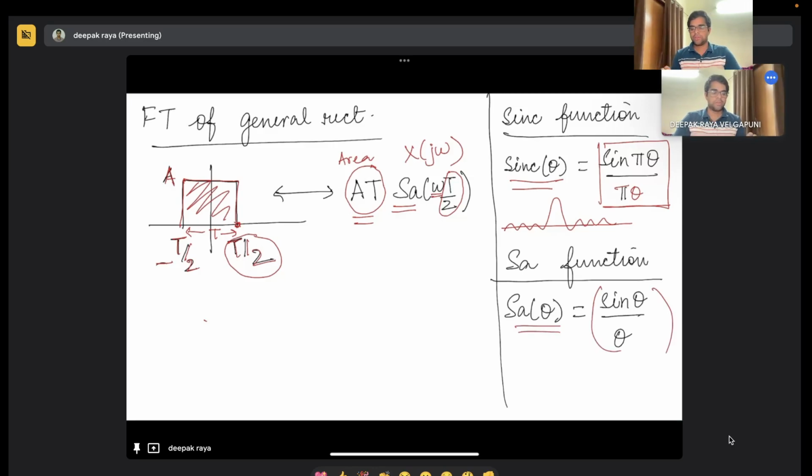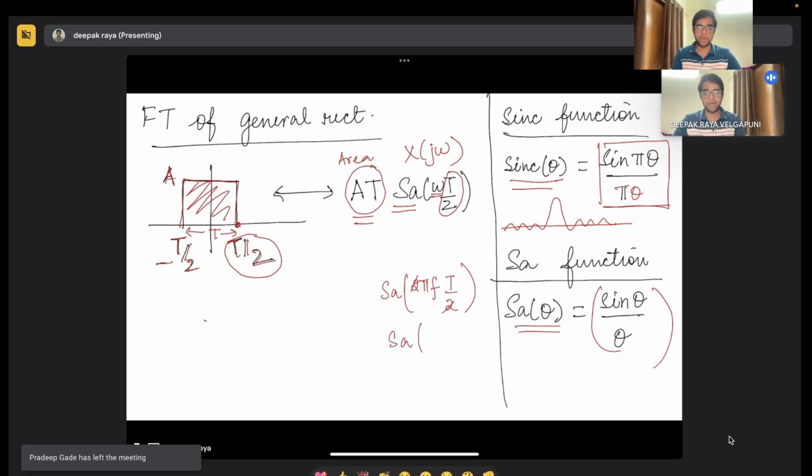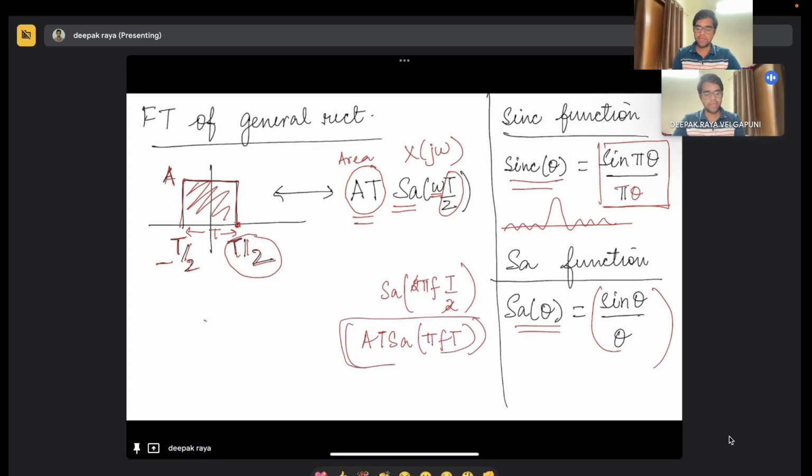Okay, so now you can always replace omega by 2 pi f and calculate in terms of f also. So it becomes the SA function of 2 pi f times t by 2, and you cancel the factor 2 because it is in numerator and denominator, and you get the SA function of pi f t times AT.